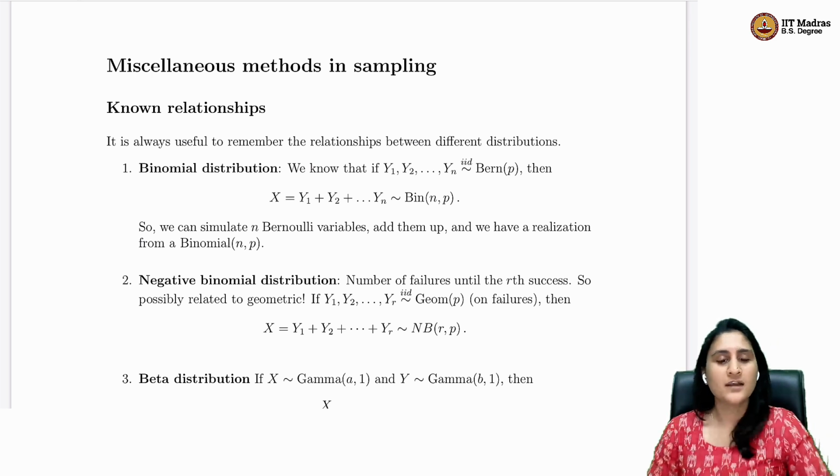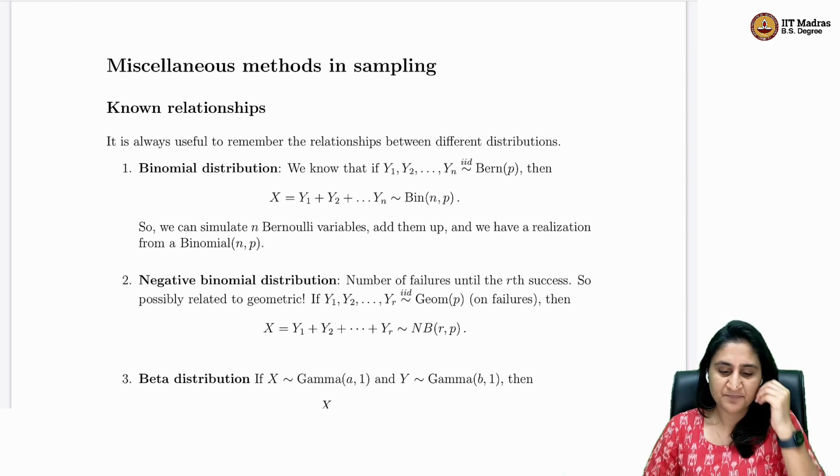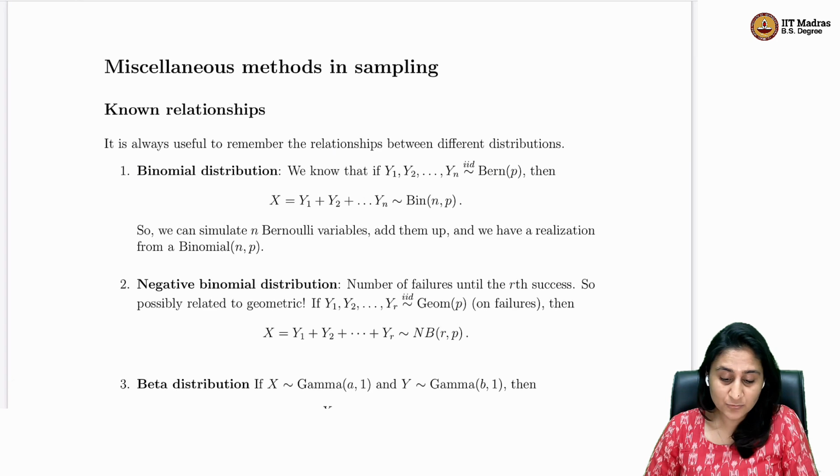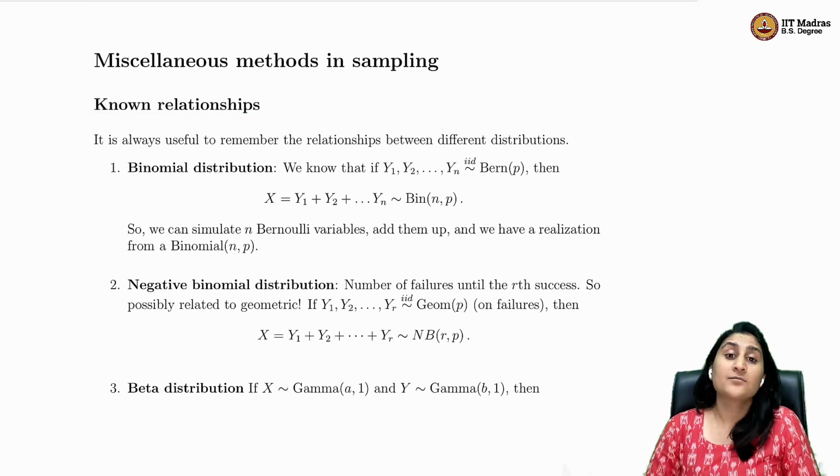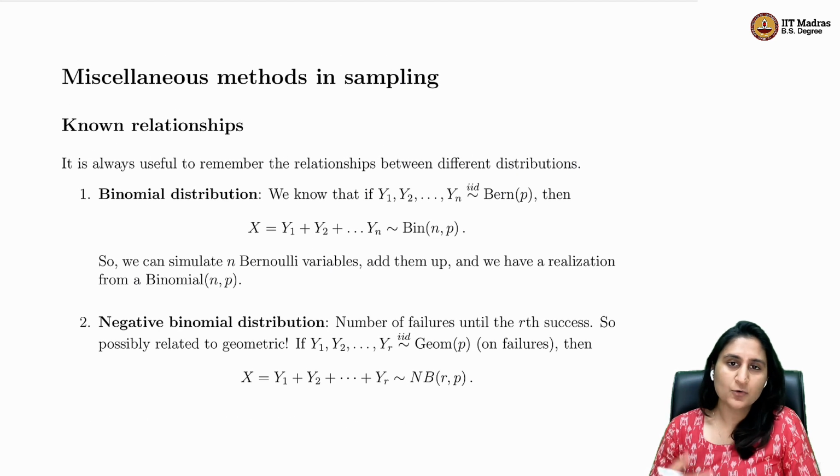Now there's another one that's really useful in trying to generate samples, and that is the idea that you can use known relationships between random variables. A perfect example of this, and I'll go through a series of examples, is the binomial distribution.